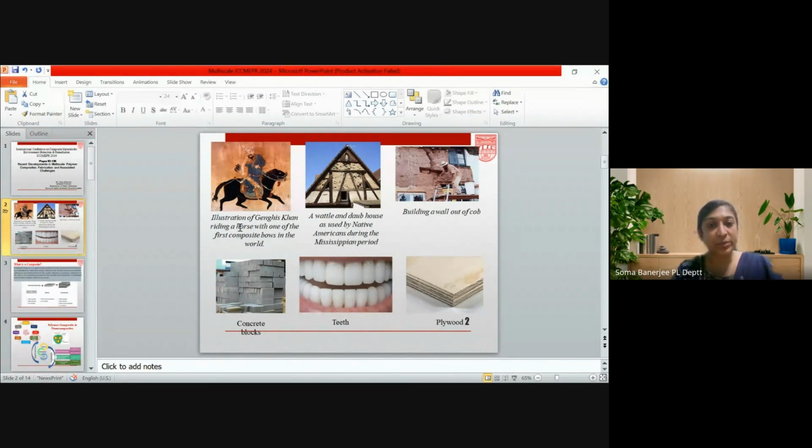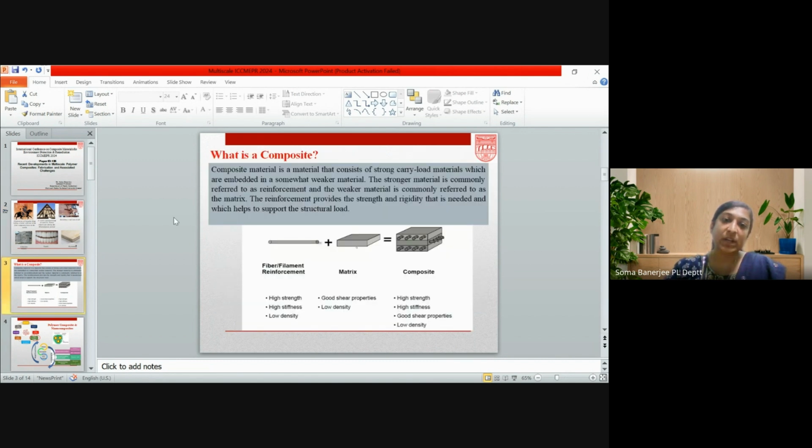We can see that from the era of Genghis Khan, where the bow was made from composite materials, to the vaulted houses used in the Mississippi period, building walls, etc. To present-day plywood materials, all are made of composites. So we are in the world of composites, and specifically here I am talking about polymer composites.